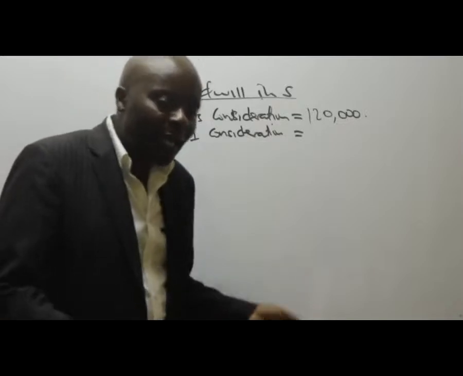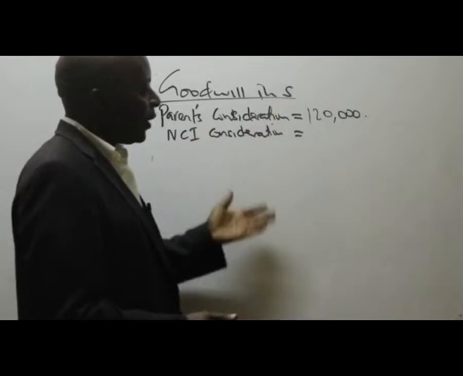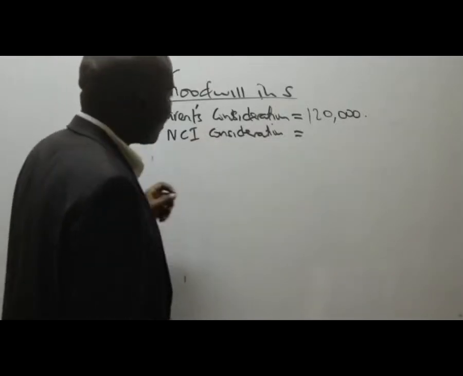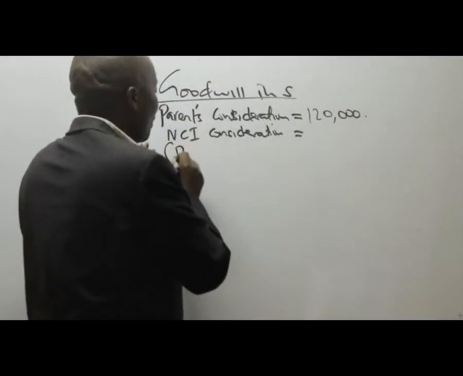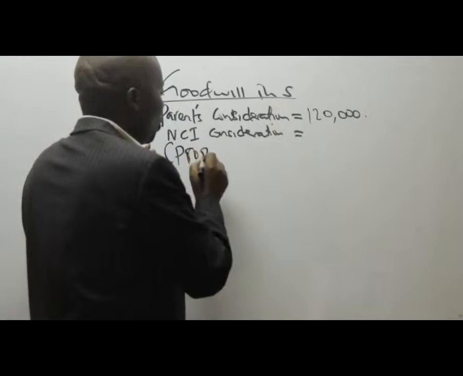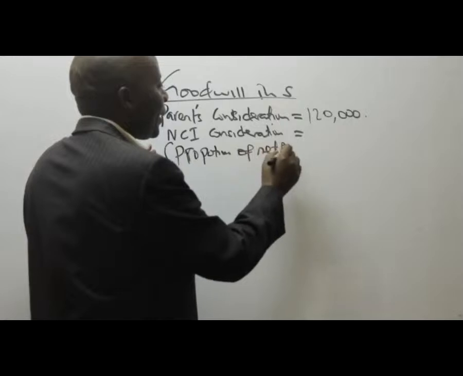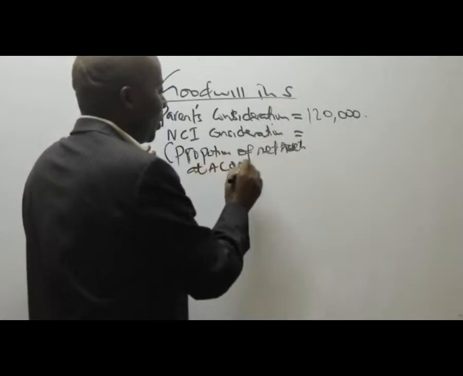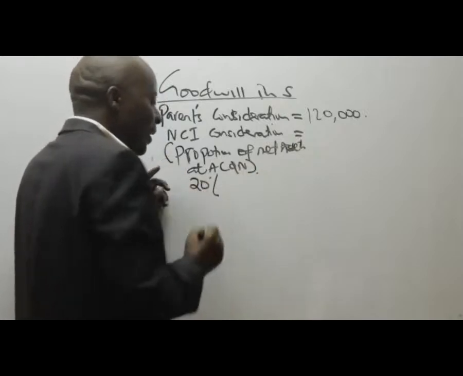If NCI has not been given, IFRS 10 is very clear with us: whenever the NCI's figure is not given, use the proportionate method. So proportion of net assets at acquisition. The NCI proportion percentage is 20%.